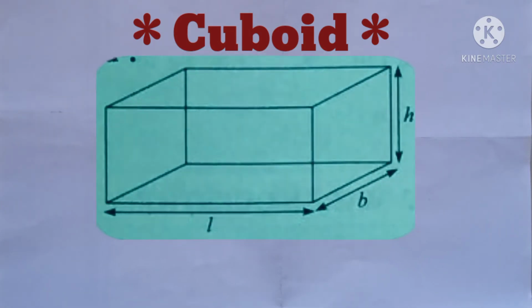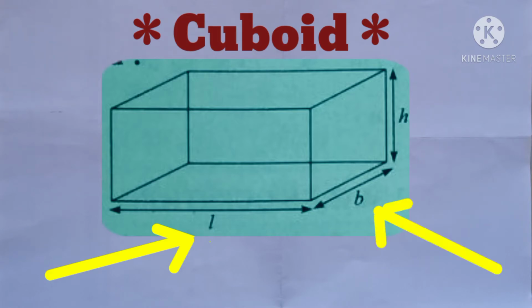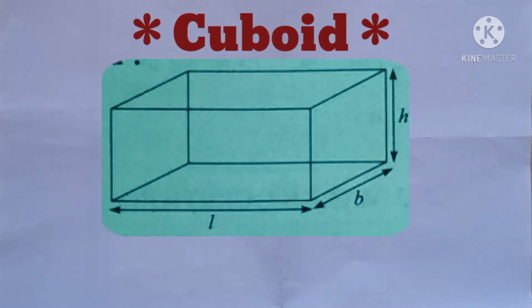Now students, if you will observe the diagram carefully, then this downer part is called as the length of the cuboid. This downer slanting portion or the each slanting portion is denoted with the letter B, which means the breadth. And this one is nothing but the height of the cuboid. So on the basis of these initial letters, we can come to know about the formula of cuboid.